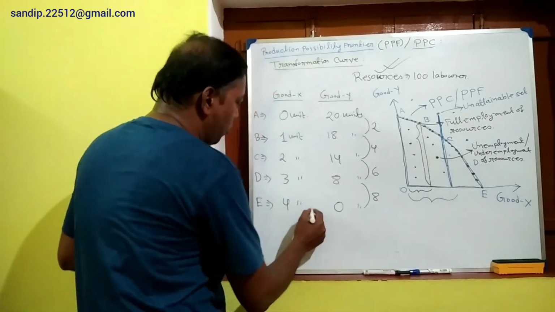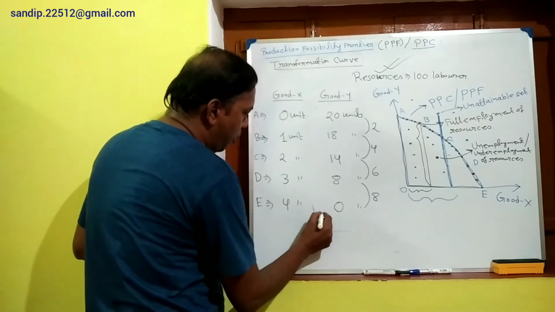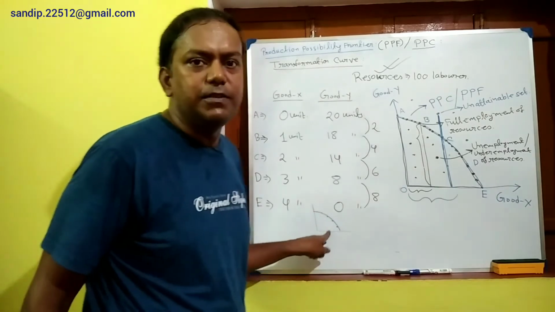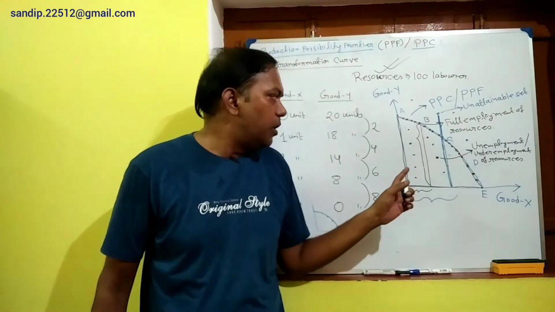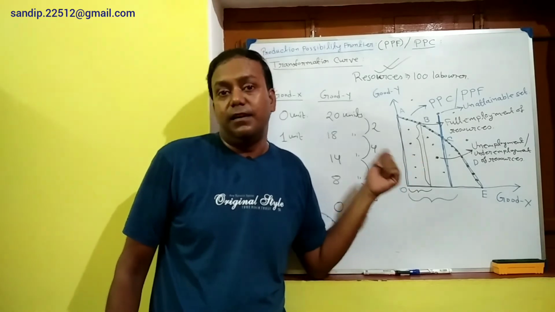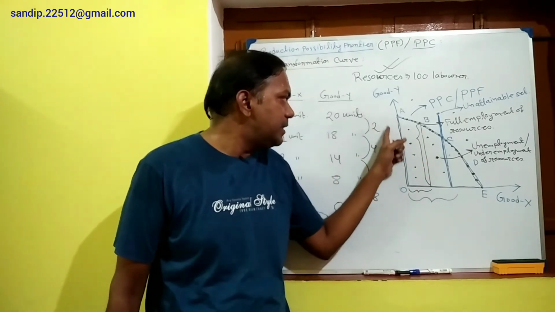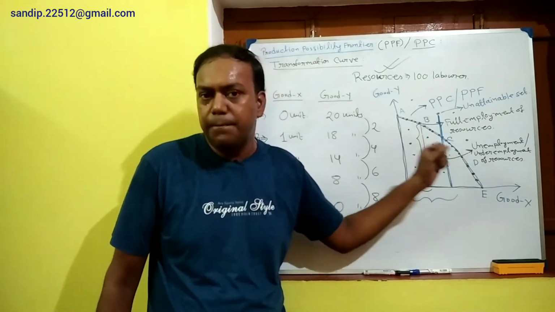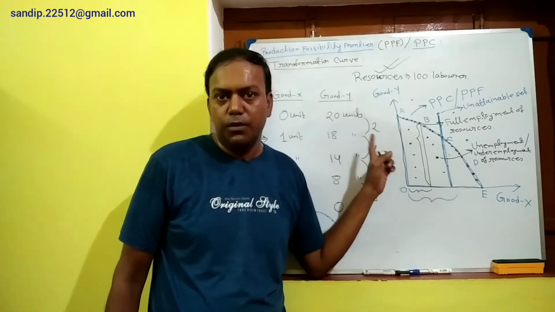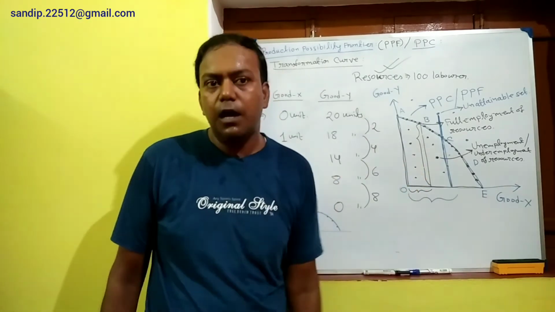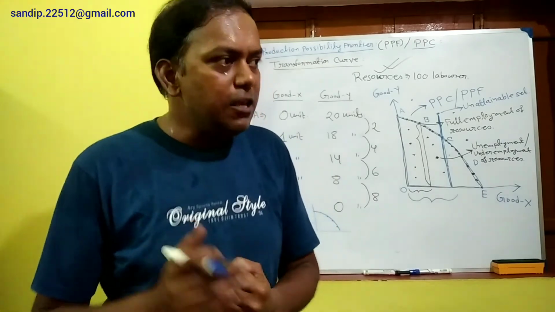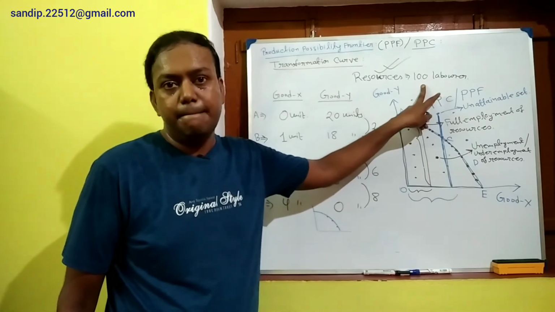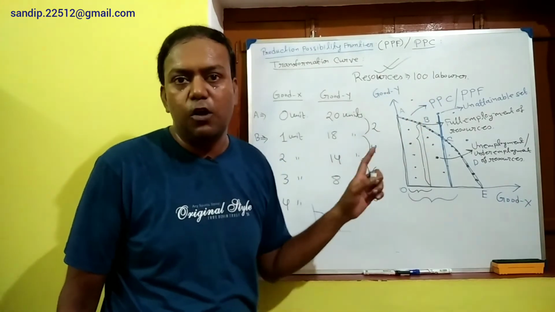Locus means if there are some points and you join those points by a curve, then that curve is called a locus. So PPC is the locus of the combinations of two goods which a producer can produce using resources optimally and given technology.